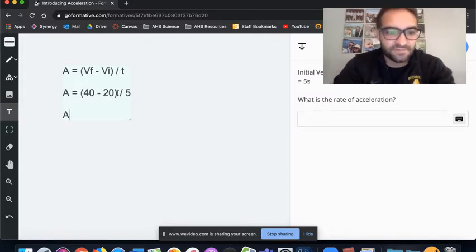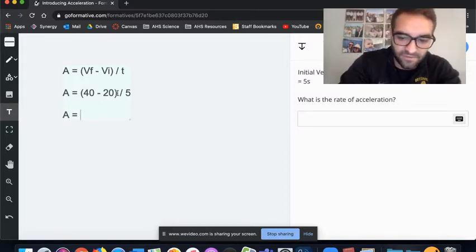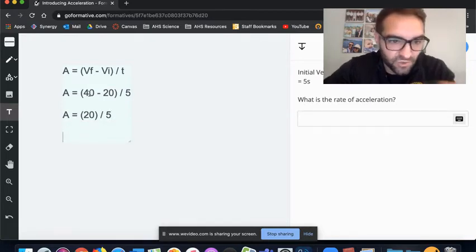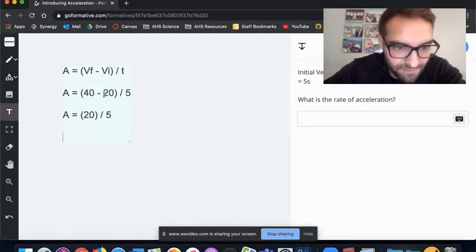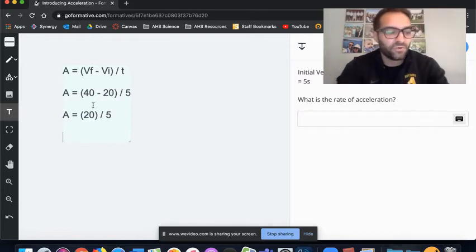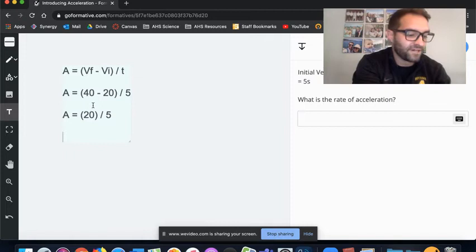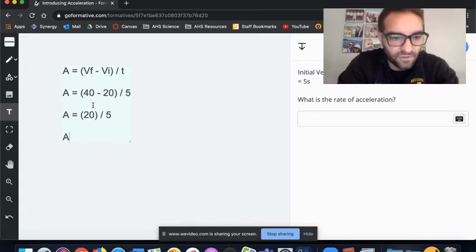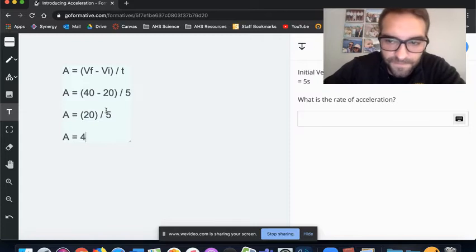So if I put this into my calculator and kind of break that down real quick, I would type it into my calculator as 20 divided by 5. And the reason I got 20 is because 40 minus 20 actually gives you 20. So 20 divided by 5 equals 4. So our rate of acceleration would be 4.